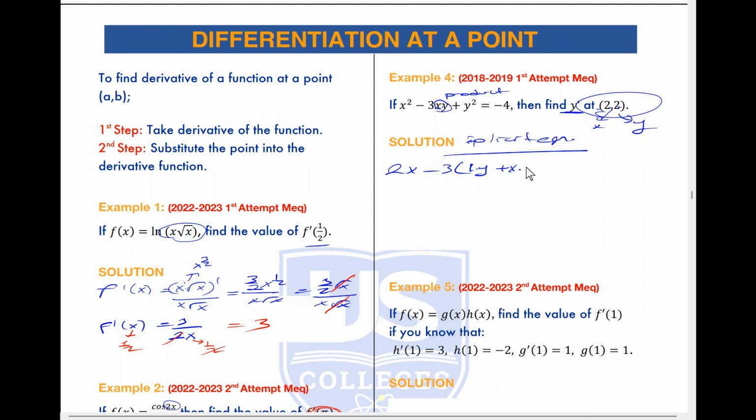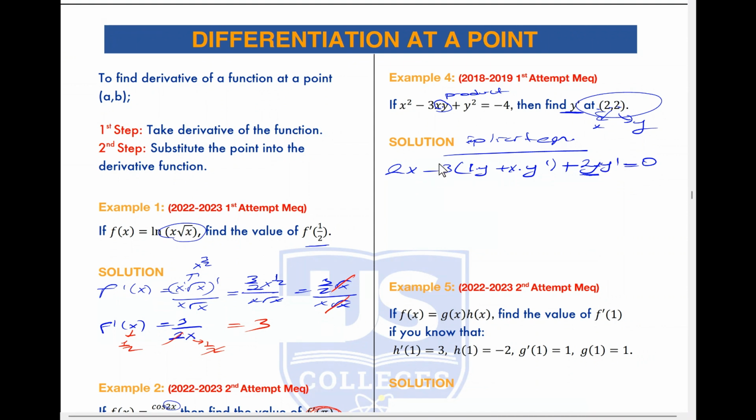Derivative of y is not 1, it's y prime. Plus derivative of y squared, 2y, y prime. Remember using chain rule, we have to apply the power rule first and take derivative of the base. Like chain rule for power. Equals derivative of the constant, 0.